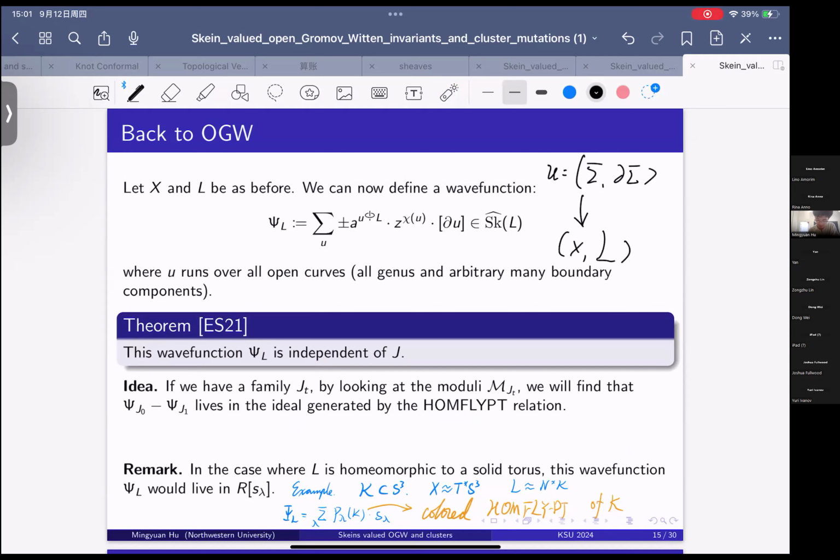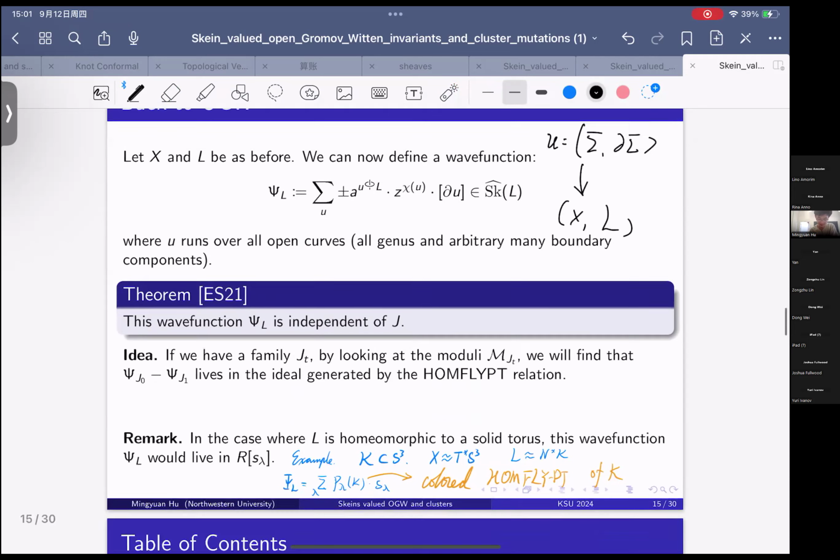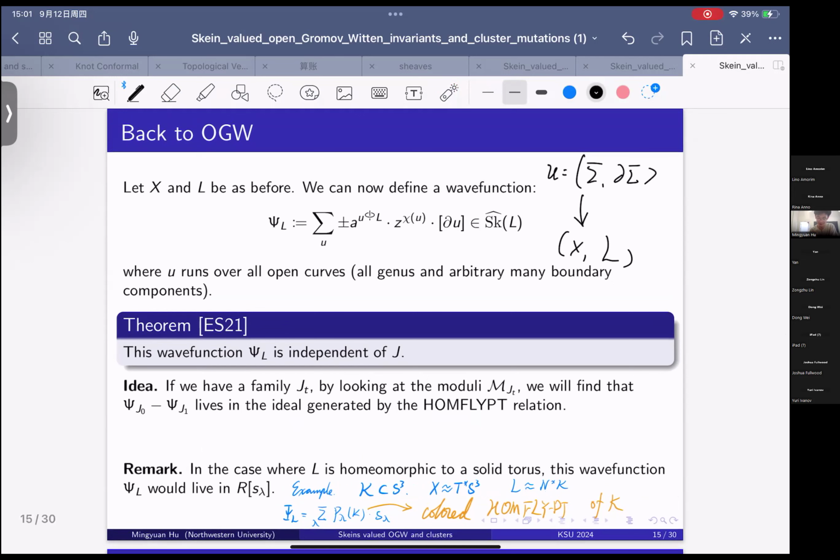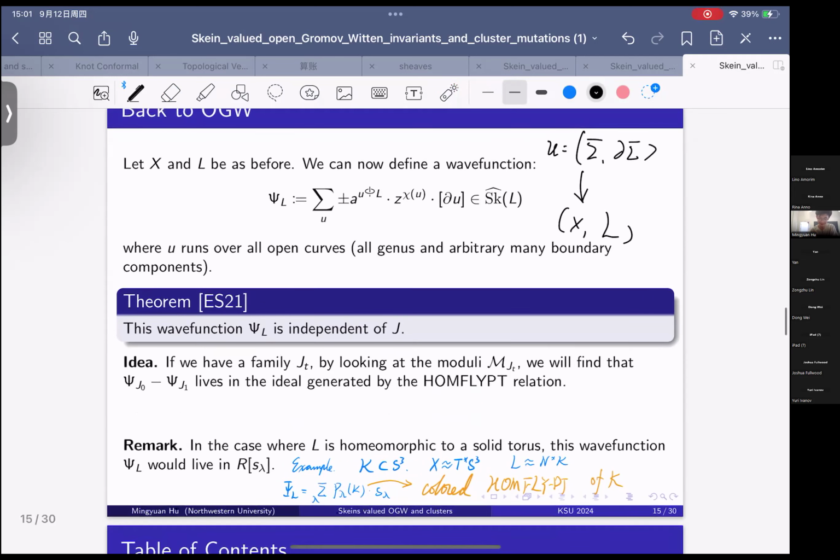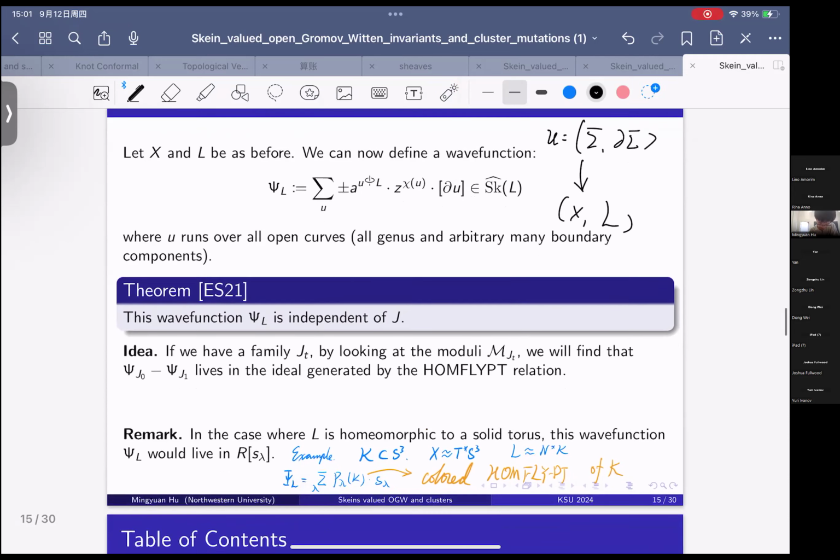Also, maybe I'm abusing notation. I'm identifying U and sigma. So sigma is a map, or U is a map, and sigma is the surface. Sorry, I'm abusing notation. So yeah, U is this map, but sometimes I also use U to denote sigma. Okay, now I get it.